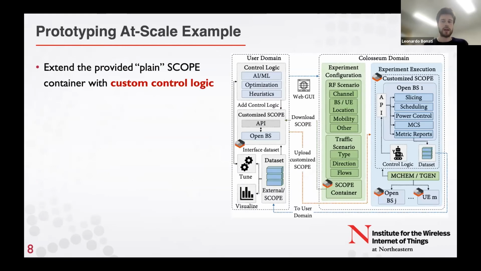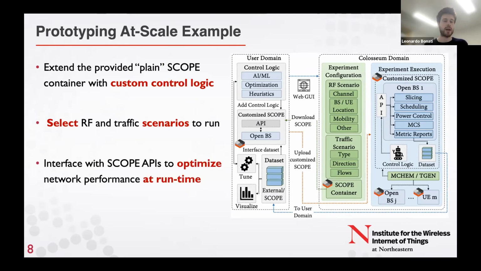The main idea of releasing Scope to the research community is that users can really get the Scope container from Colosseum with the custom logic, and they can customize it with their actual controller. So you can hook up controllers and select the scenarios to run on Colosseum, both RF and traffic scenarios.